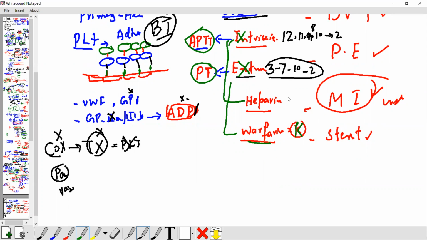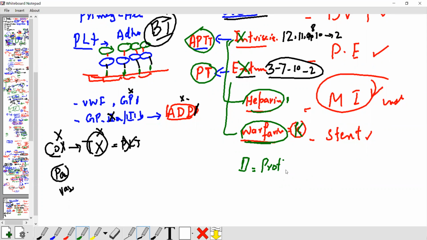So these two drugs here, the first ones, the older ones, heparin and warfarin. Now we have a lot of other drugs, like the drugs acting on factor number 2. What is factor number 2?